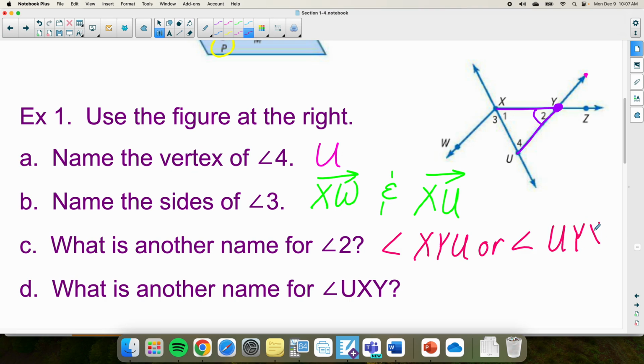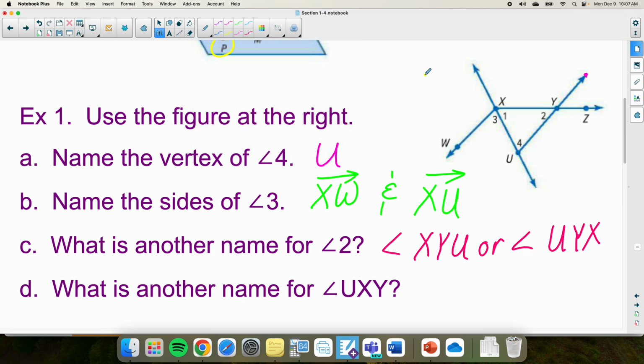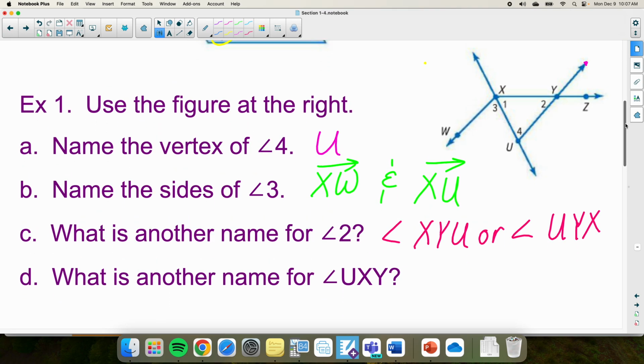Now, honestly, when I have kids do this, a lot of them struggle with which angle is angle 2. And that's why I suggest that you kind of color in that, or draw what that angle is so that it helps you. Now this one asks us, what's another name for angle UXY? Oops.